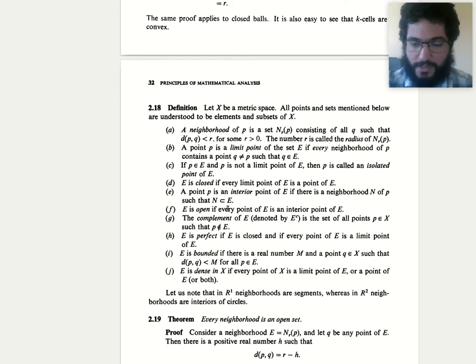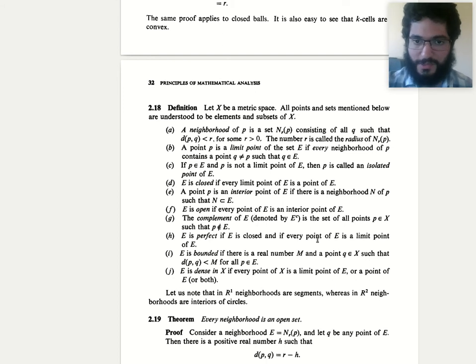A set is open if and only if every one of its points is an interior point. In other words, every one of its points has a neighborhood, where by neighborhood he means open ball, centered at that point, which is fully contained in the set. So that's our definition of open from earlier.